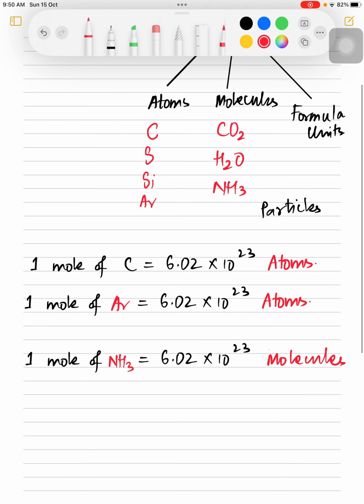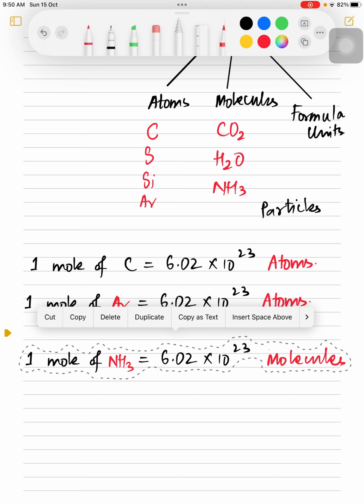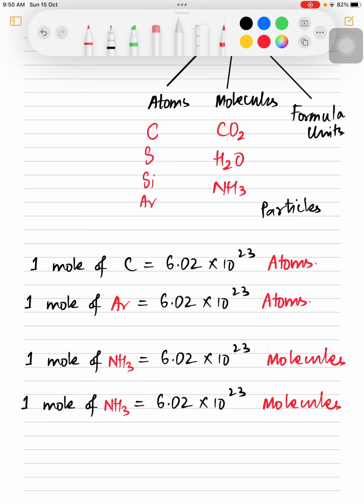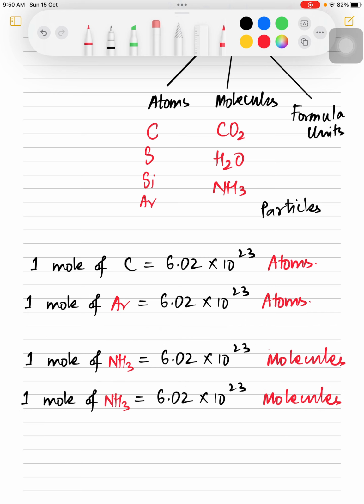And 1 mole of water is equal to 6.02 exponent 23 molecules. And 1 mole of carbon dioxide is equal to 6.02 exponent 23 molecules.